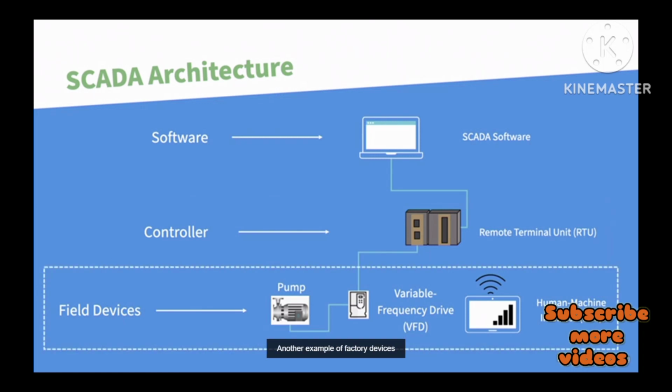Another example of factory devices are variable frequency drive, or VFD, and a pump. Also, human machine interface, or HMI. These devices gather information and send them to the computers with SCADA software.